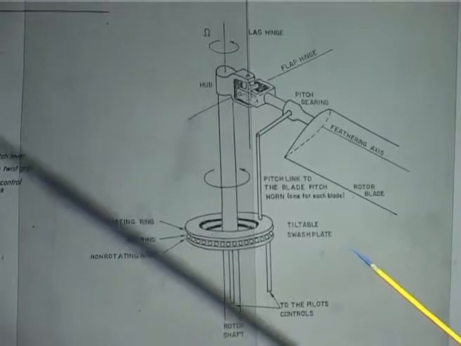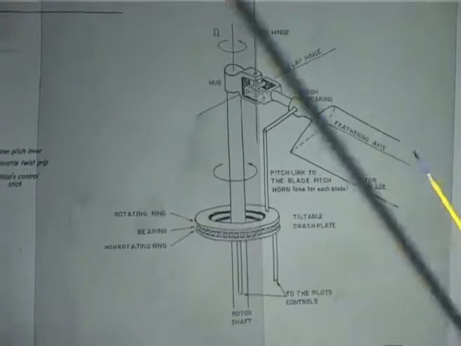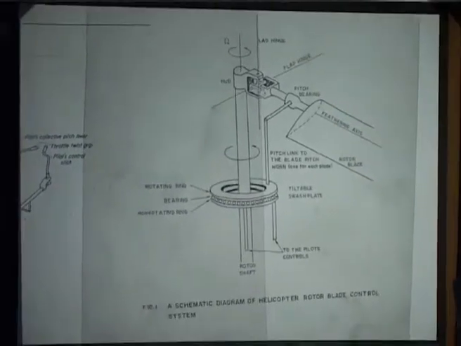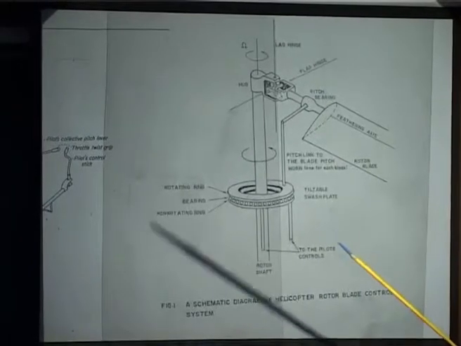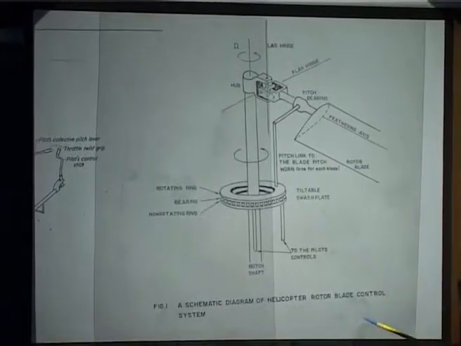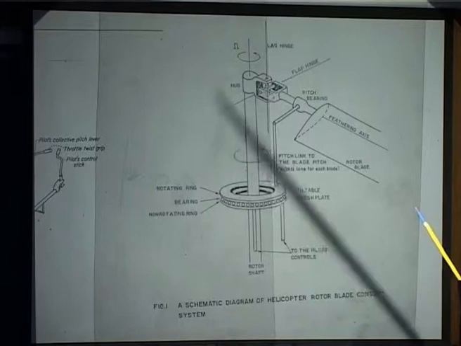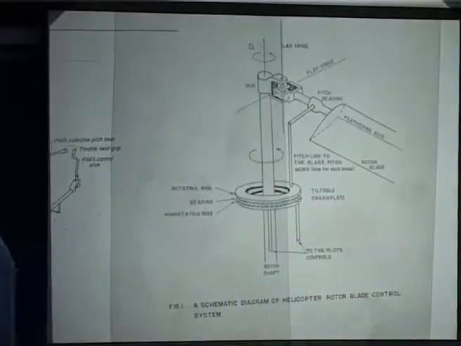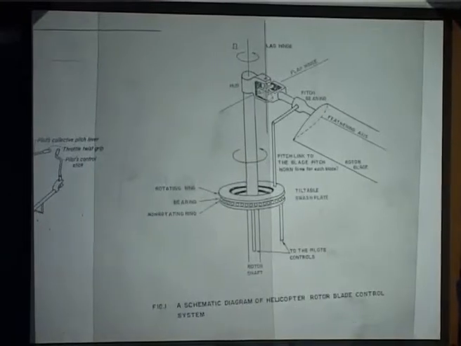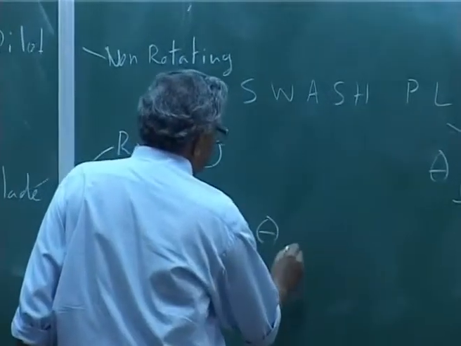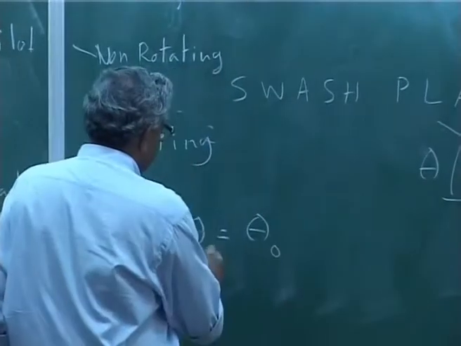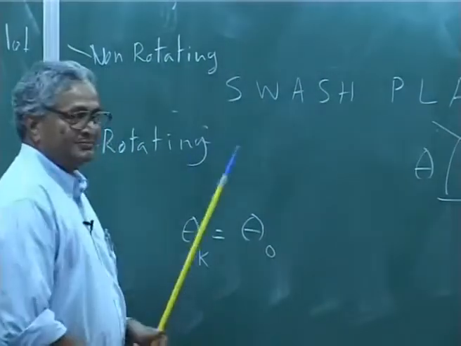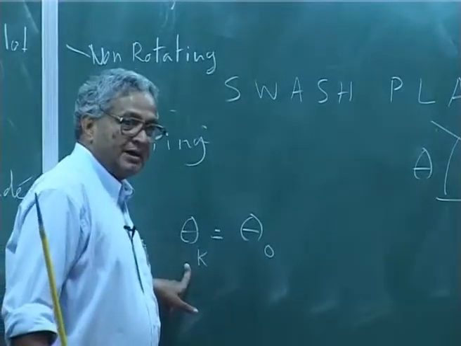I am not using the word angle of attack, I am only using pitch angle, please understand, because angle of attack we will learn later because it is too complicated. Pilot gives only pitch input. So, now let us write the pitch of the blade as theta 0. This is for any blade. K represents the kth blade.